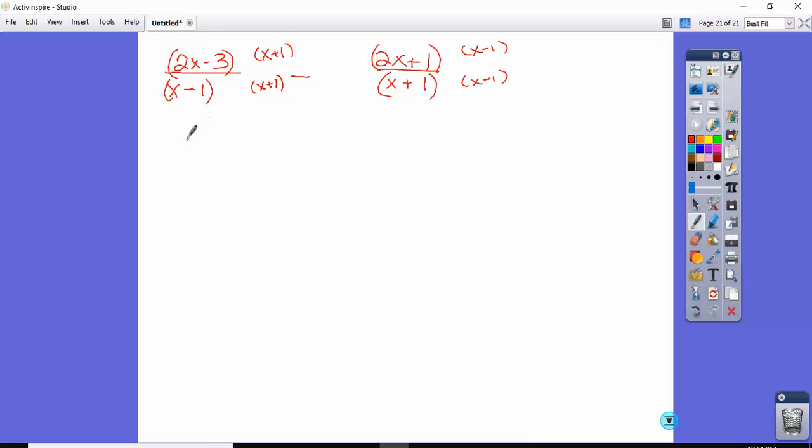Okay, so we will FOIL the top, so that's 2x squared plus 2x minus 3x minus 3. I'm just going to leave the bottom as x plus 1, x minus 1.